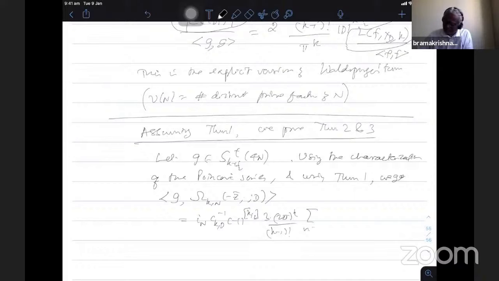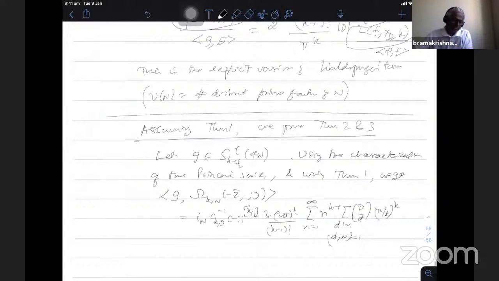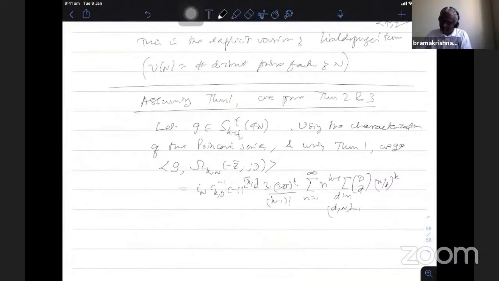And then we have the summation n equal to 1 to infinity n power k minus 1, summation d dividing n, d comma n1, d by d, n by d power k. And then we have the Poincare series. So I have to put the inner product of G with Poincare series k plus half n square by d square mod d.